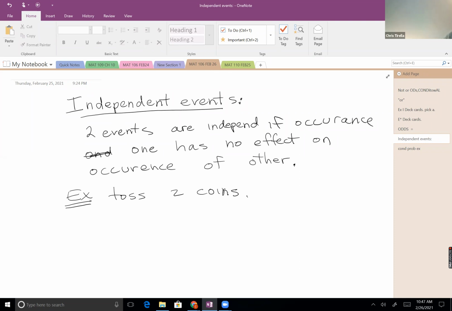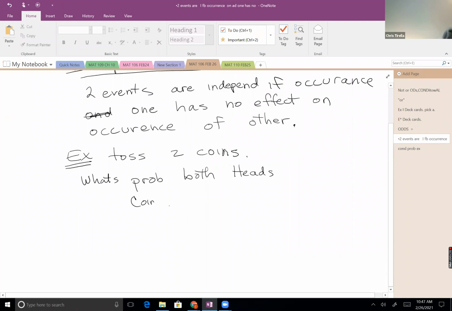So if I toss 2 coins and want to find the probability they're both heads, for the first coin, the probability of a head is a half.